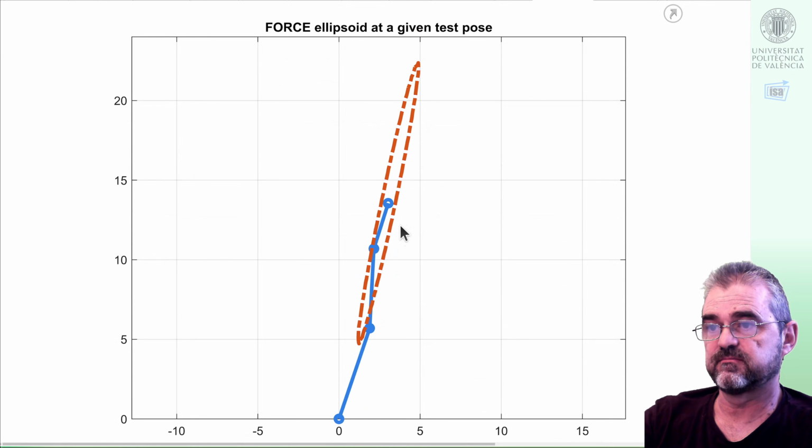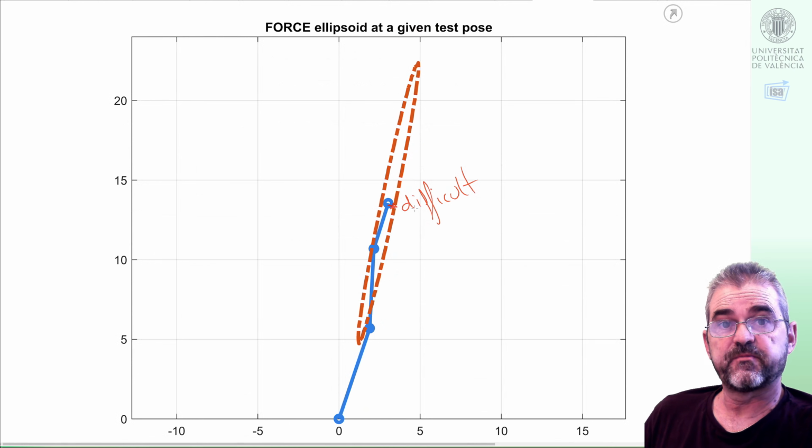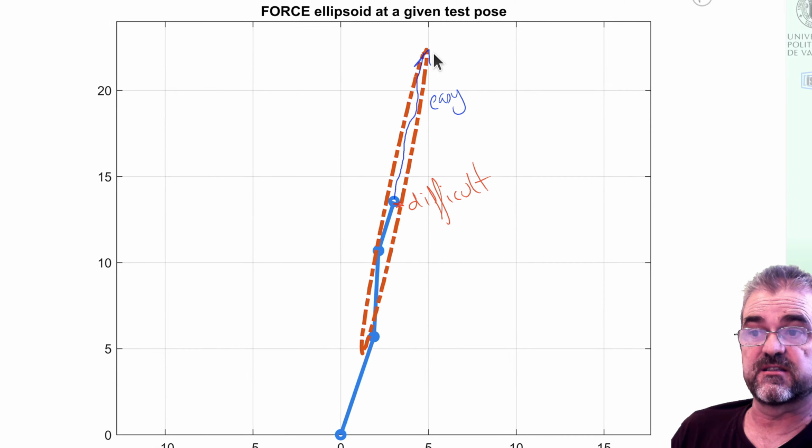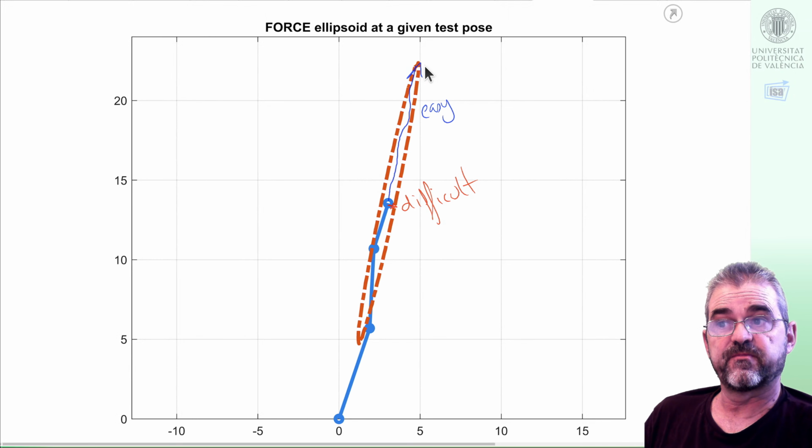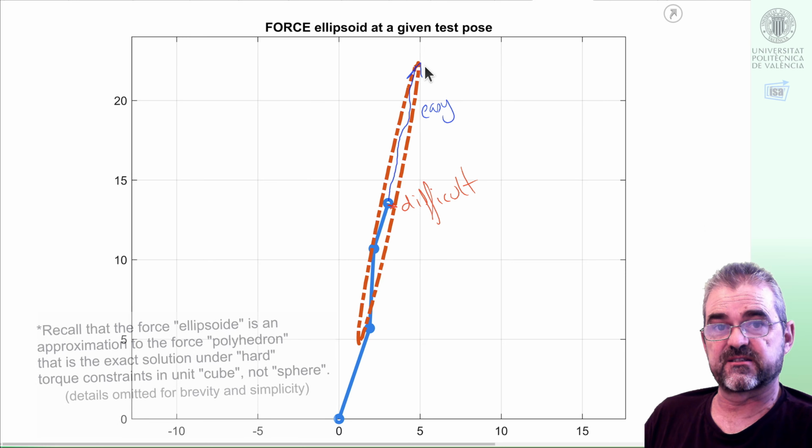So in this case, I am close to the singularity, so this ellipse is ill-conditioned, and then I have a low force in this direction, but I am able to counteract a large force in the perpendicular direction, in the blue arrow, because yes, it seems that such a force is almost aligned with the robot, so the torque required to counteract it is much lower than in the difficult maneuver in which the force is sort of perpendicular to the joints, so it exerts a larger torque.